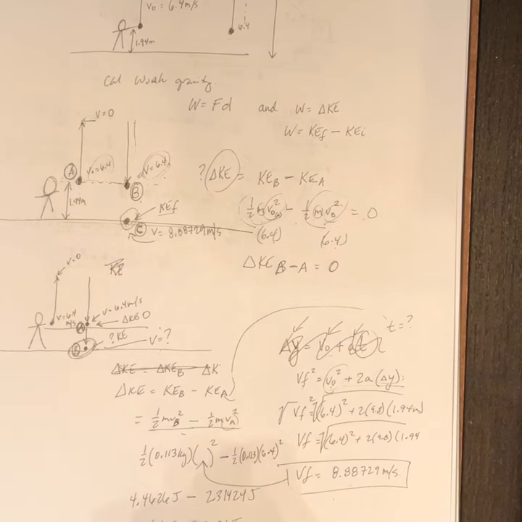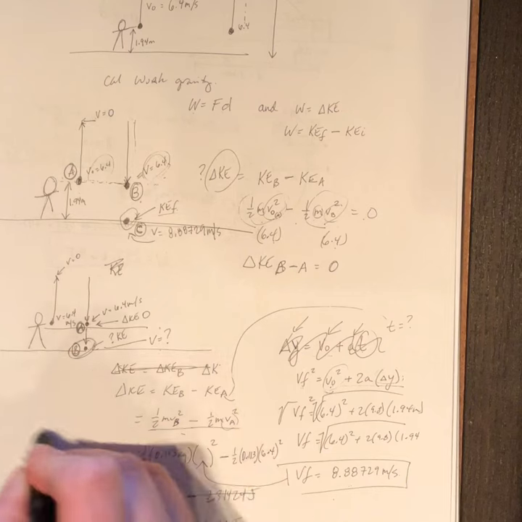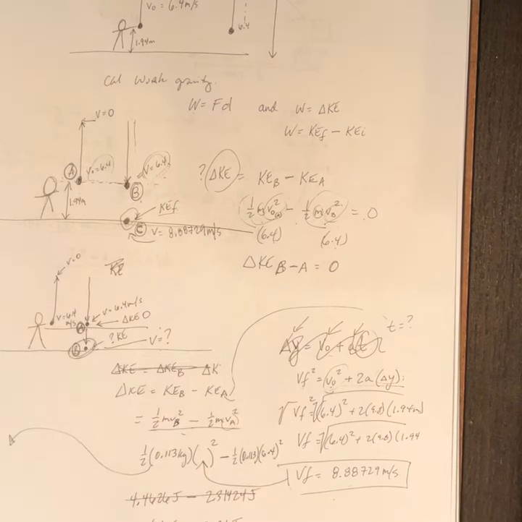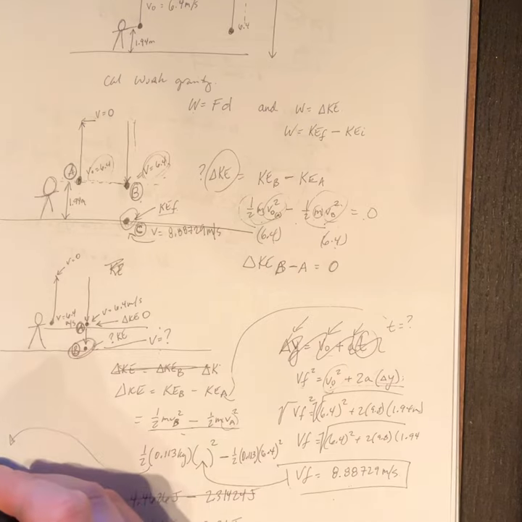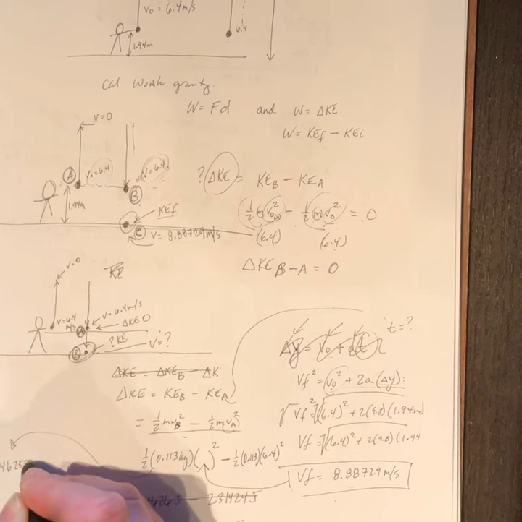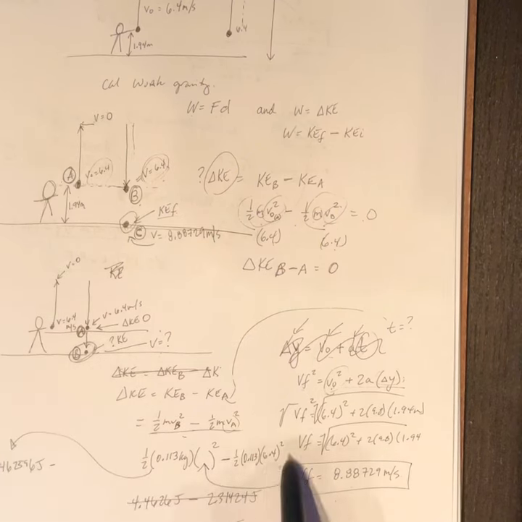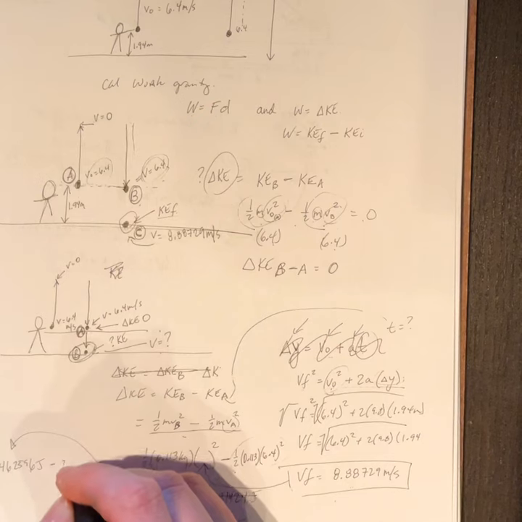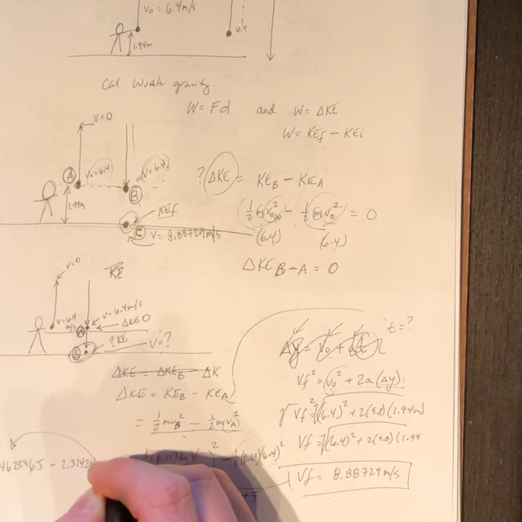Actually, I did my math wrong here. For this first portion, I actually got 0.113 times, yeah, I actually got 4.462596 joules minus this part, which I got 2.31424 joules.